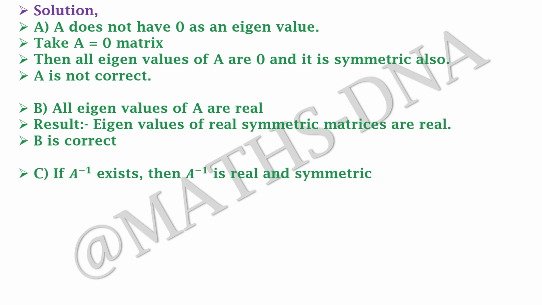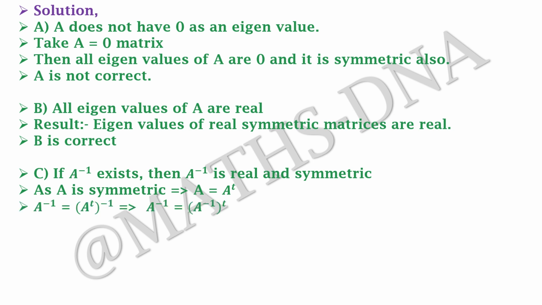Moving on to our next option, that is if A inverse exists, then A inverse is real and symmetric. We need to think on it. Firstly, if A is symmetric, it implies that A is equal to Aᵀ. Now they say that A inverse exists, so we get A inverse is equal to (Aᵀ) inverse, which implies that A inverse is equal to (A inverse) transpose.